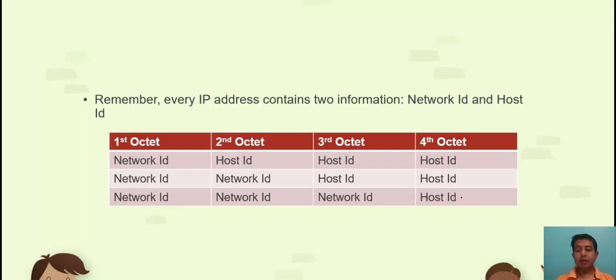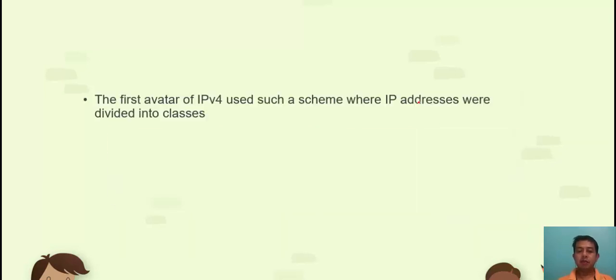So in fact, when IPv4 addressing was rolled out to the internet, it used knowledge like this to divide the IPv4 addresses. The first incarnation of IPv4 addressing used a scheme similar to this, and they divided the IP addresses into a number of classes.